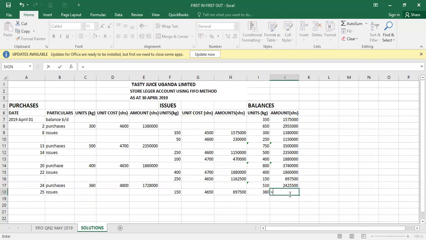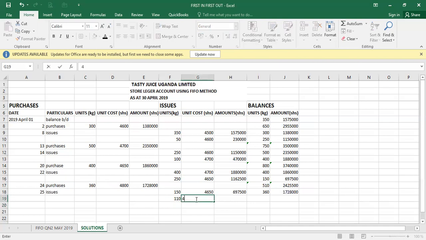So adjust also our total cost. It will be this minus what we have given out of this. It will become that. But remember, we are supposed to give out 260. We issued out only 150. So the balance is 110. This 110 is supposed to be deducted from the preceding batch, which was purchased on 24th.